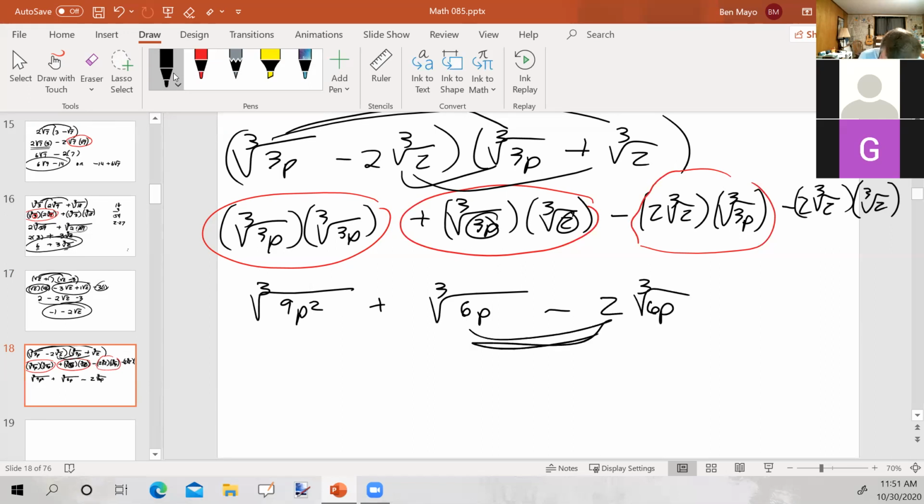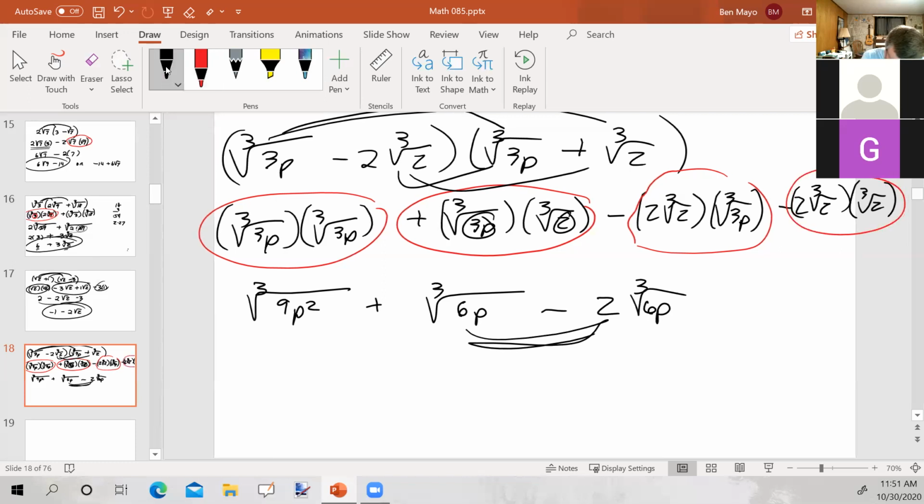Oh, these are going to be like terms, aren't they? And then minus 2 cube roots of 2 times 2, which is 4. So I didn't have any cubes inside, did I? So nothing came out. All I can do is combine those two middle terms.